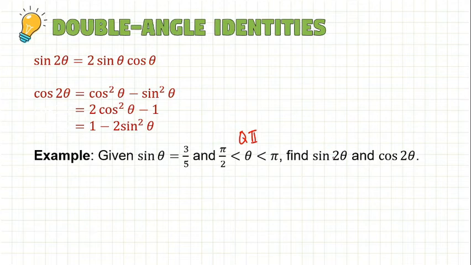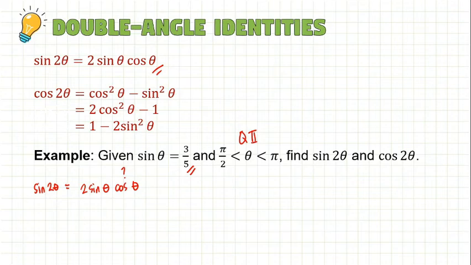Now, solving for sine 2 theta, we have the formula 2 sine theta cosine theta, right? But we only have the value of sine theta. We need to solve for the value of cosine, right?